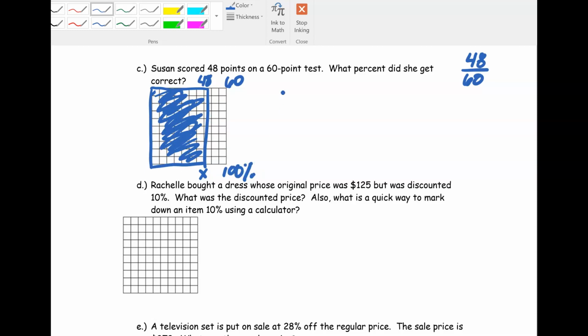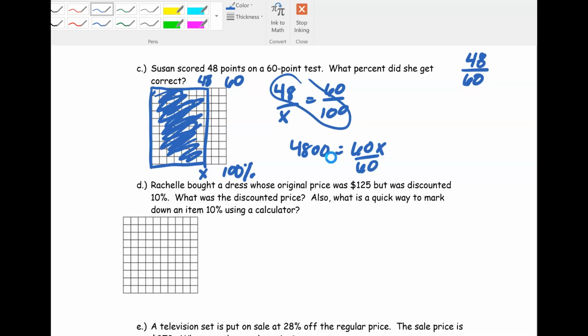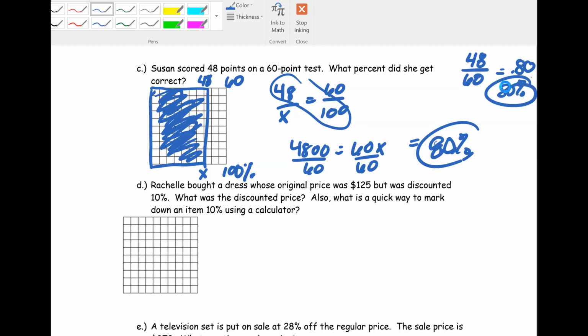And you could set up a proportion, 48 over x equals 60 over 100, and then cross multiply, and then divide. And you end up getting 80%. And the nice thing about this way is you don't have to convert your decimal in the end, whereas here you do, and then you have to move it 2 spots left to get your 80, but either way works.